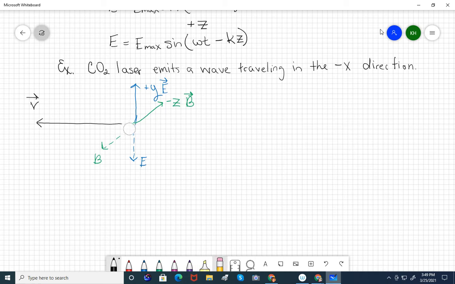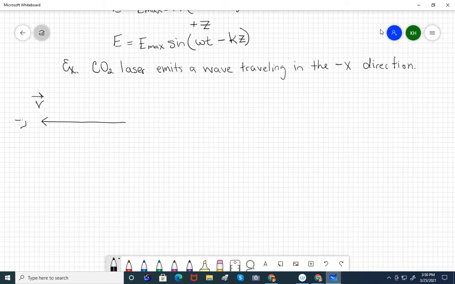I can change that. Let's put E in a different direction, because it's certainly possible. We know that E has to be either along the y-axis or along the z-axis, because it has to be perpendicular to this negative x-axis. So let's let E this time point in the positive z. There's my electric field.